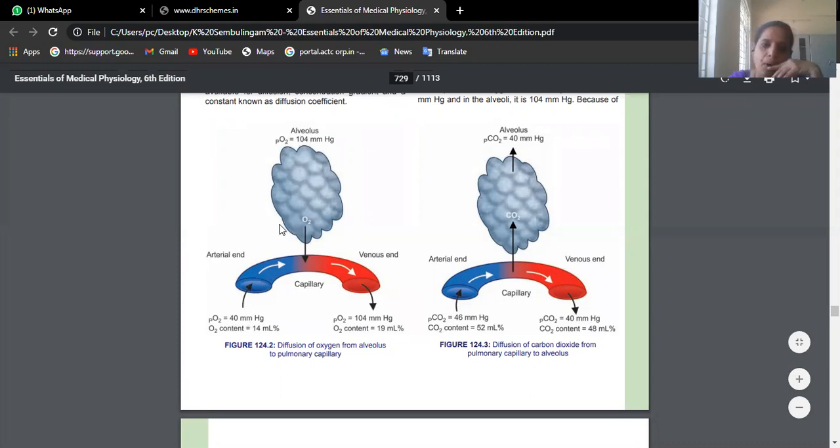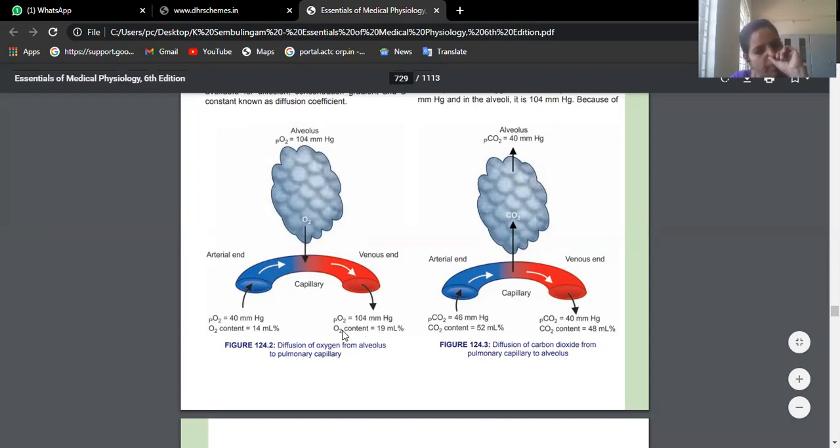Inside the alveolus. Because the pressure is high in the alveolus, the oxygen is rushing from the alveolus to the capillary.